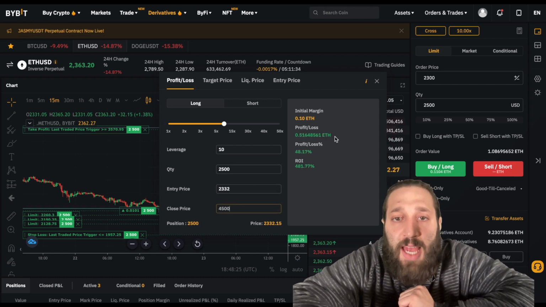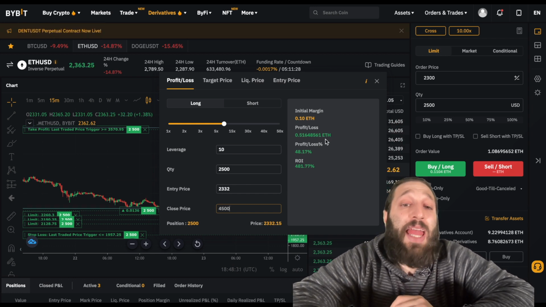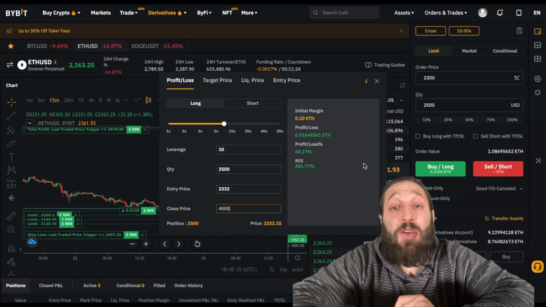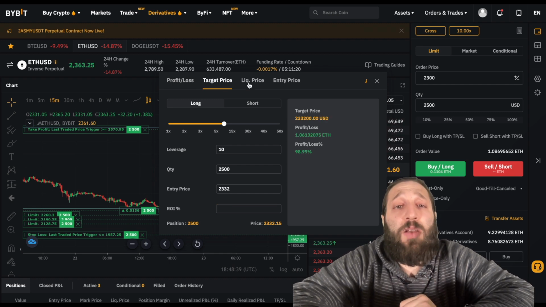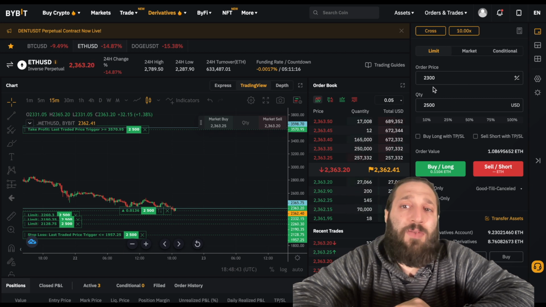So you can see I would be making 0.51 Ethereum, and that would be at 4,500, would be 2,250 USD if I held this long there. So you can see target price, liquidation price, and entry price. You can see pretty much all that stuff when you're entering it here.